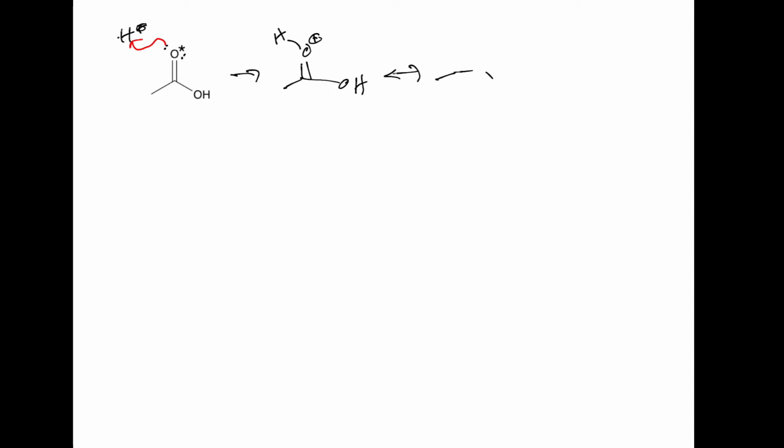And then that will give us the other resonance form, where you've got the plus charge on the oxygen or on the carbon, back and forth between these two resonance contributors.